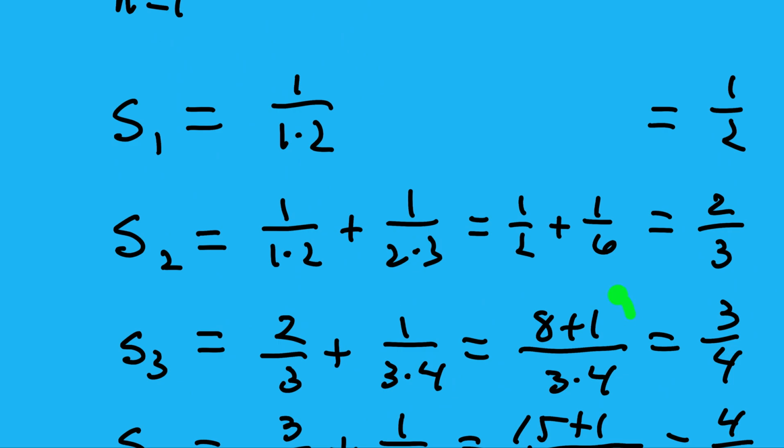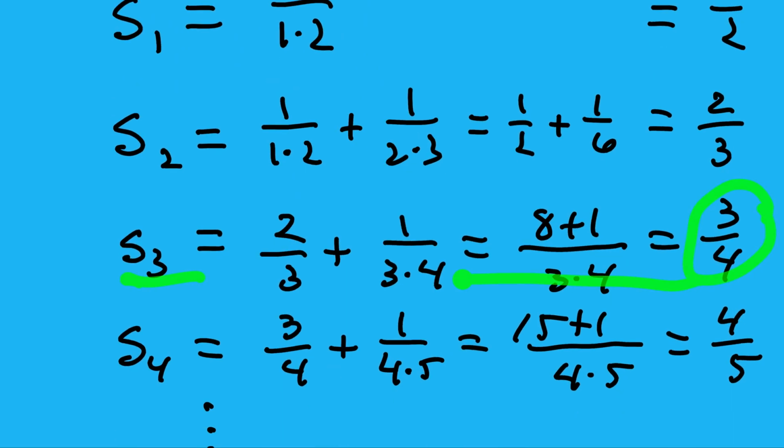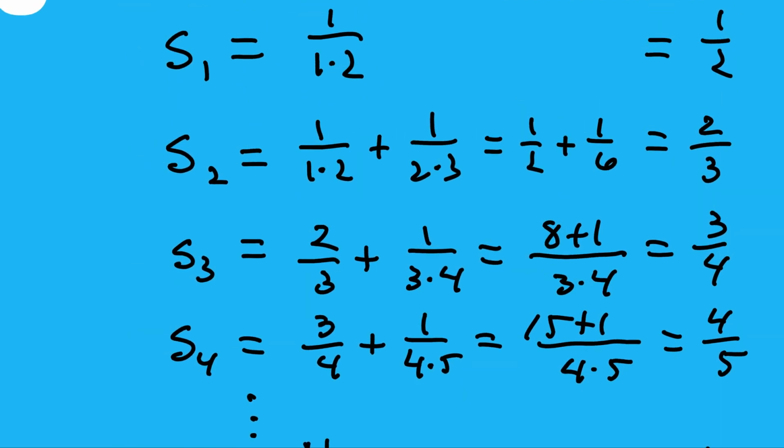Creating a common denominator, we get this quantity, 9 over 12 will simplify as 3 over 4. So now 3 over 4 is S sub 3. To S3, we want to add the n equal 4 term, 1 over n times n plus 1. Same idea, simplify out, and you get 4 over 5.